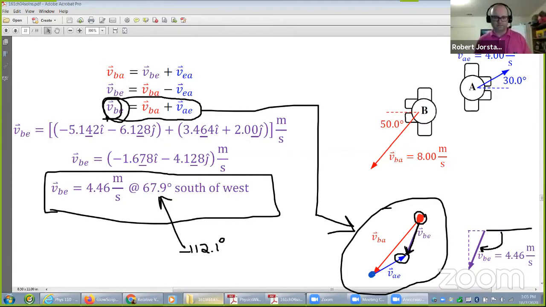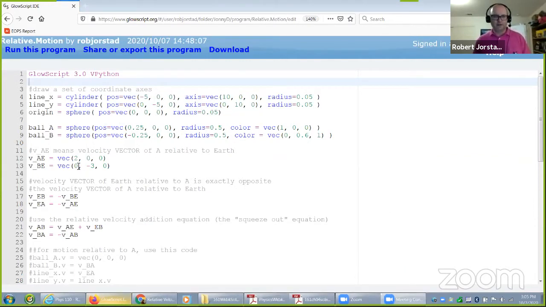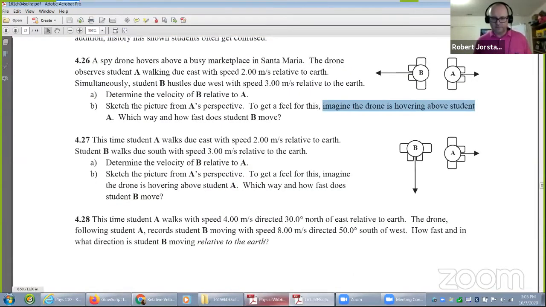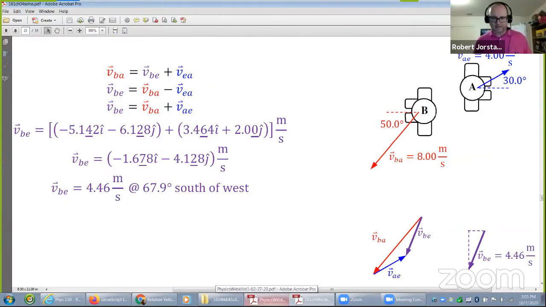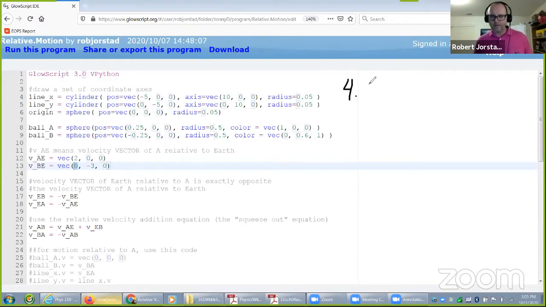Let's go take a look. So now what I need to do, B was going to be, shoot, what was that number? 4.46. So let me get to my code and write this on here. It was 4.46, and it was at negative 112.1, I think, is what we just said.